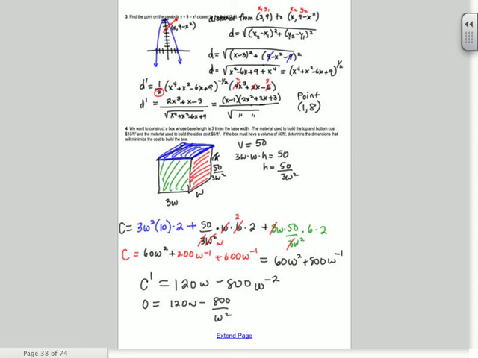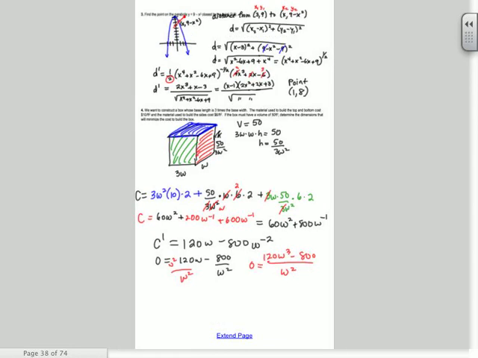The best thing to do on these is to get common denominators. So multiply the first one by W squared over W squared. So you get 120W cubed minus 800 over W squared equals 0. So your critical value is 0.